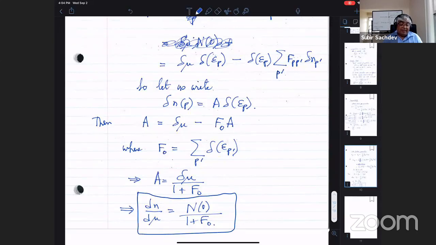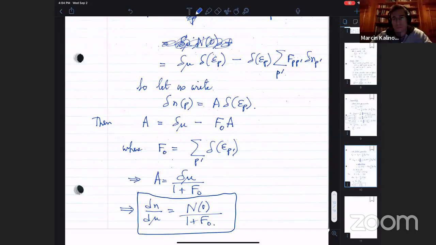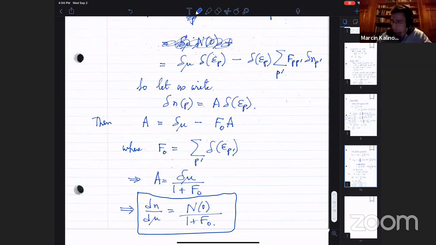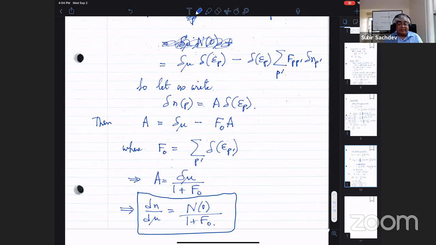The claim is that to leading order in temperature over the Fermi energy, T squared in T over E_F, all you need to know are m star and F. Once you know these quantities, all of these statements and results are exact. There's no approximation. The leading low temperature behavior is fully characterized by the Landau parameters and the effective mass of the quasi-particles.